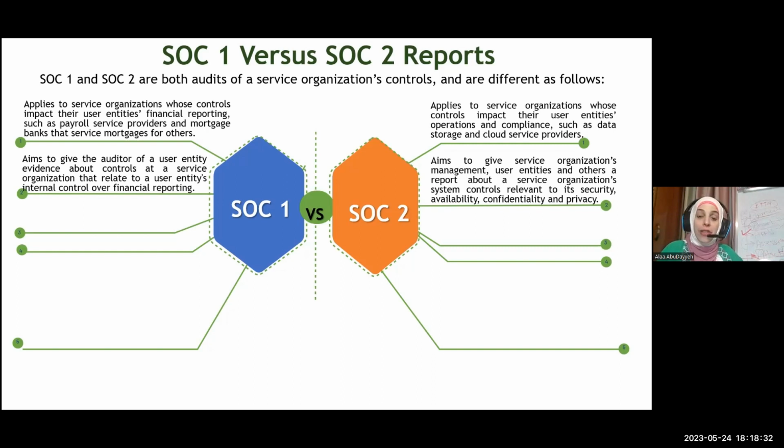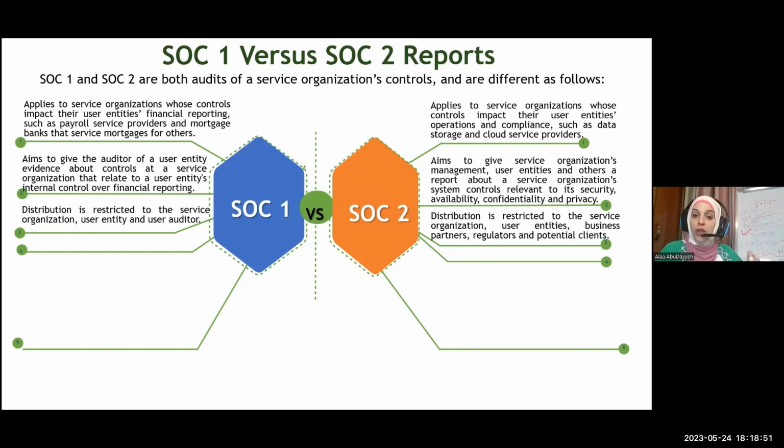So they report about the system controls relevant to the system's security, availability, confidentiality, and privacy. The distribution in SOC1 reports is restricted to the service organization, user entity, and user auditor, while in the SOC2 report, distribution is restricted to the service organization, user entities, business partners if there are any, regulators, and clients. So the clients here can also get a SOC2 report.